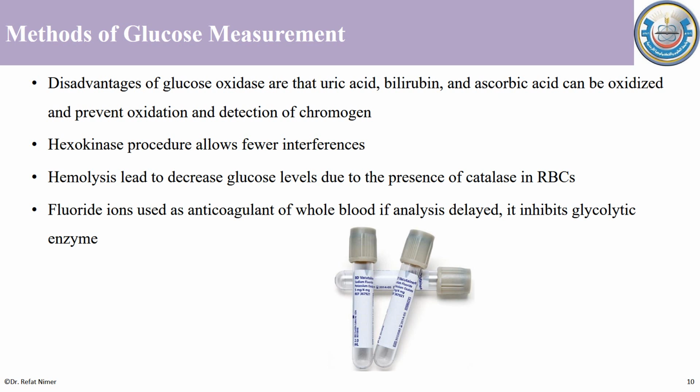This sodium fluoride tube with a gray cap contains fluoride ions, or fluoride anticoagulant, which is a glucose stabilizer. The fluoride inhibits the glycolytic enzymes, so it inhibits the action of these enzymes and keeps the glucose level without any effect in your tubes.